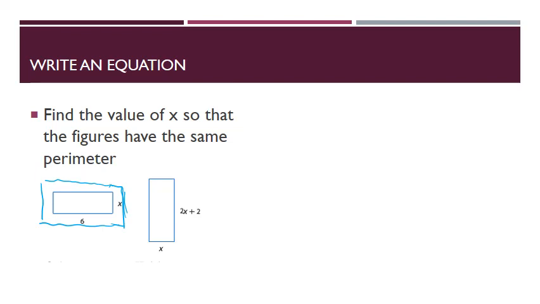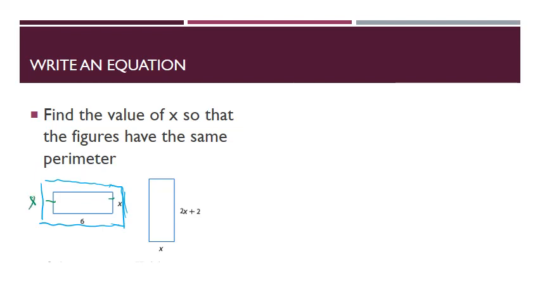And in a rectangle, which is also what we see here, this side is congruent with this side. In other words, if this is x right here, this must also be x.